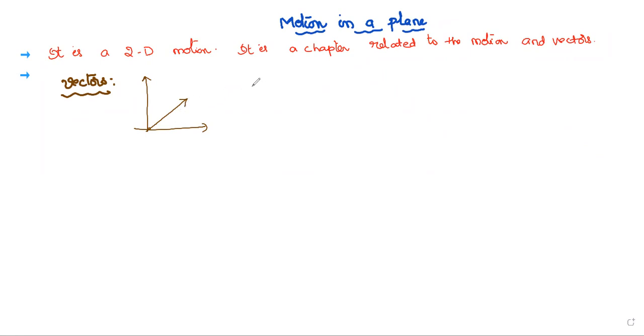If a vector has magnitude 1, that is called a unit vector. If a vector has magnitude 0, that is a null vector. Taken from the origin, this is called a position vector. Equal vectors, unequal vectors, these things we already discussed in the introductory chapter, that is basic maths.